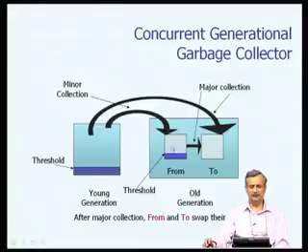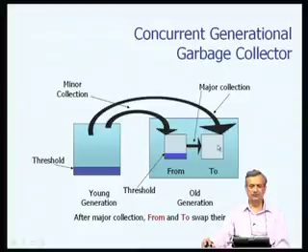Again, transfer from this particular young generation keeps happening. Again we do garbage collection once in a while, and keep transferring objects to the 2 half space. After some time, the 2 half space may also become full, and it may actually invoke the garbage collector on the 2 half space.